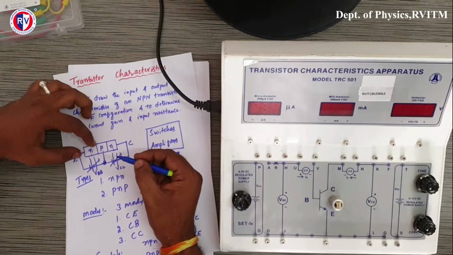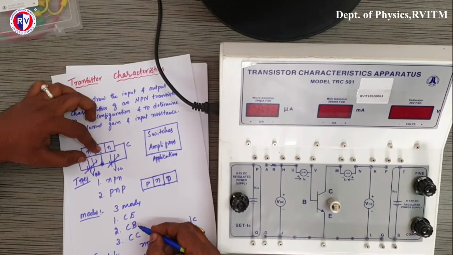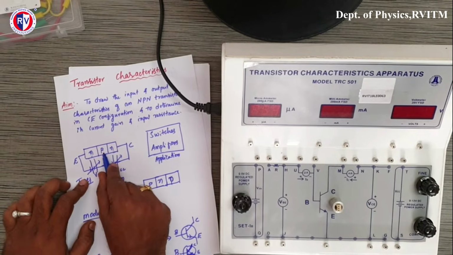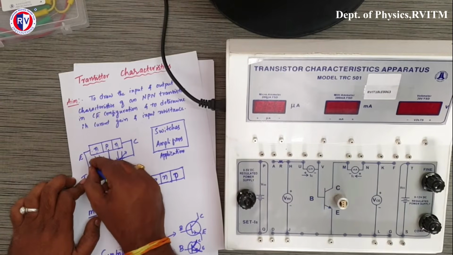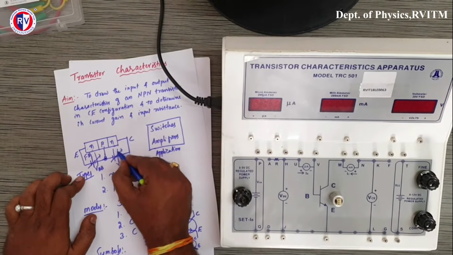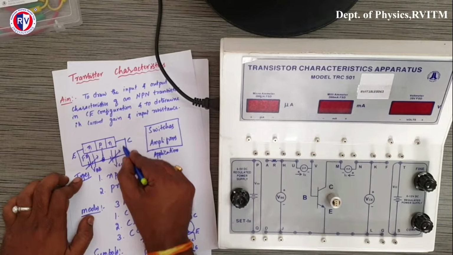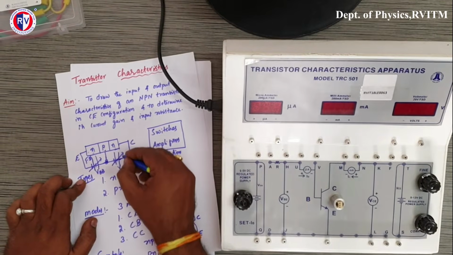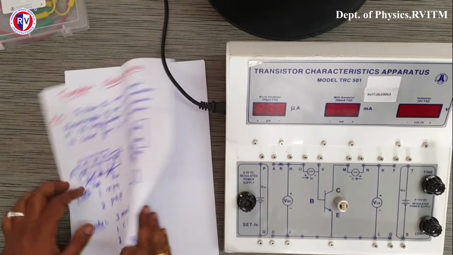This emitter base region we call the input circuit, where the positive of the battery is connected to the p type and the negative to the n type. Therefore this is forward bias. Similarly, this is the output. In the output, the n end is connected to the positive of the battery and the p end is connected to the negative. Therefore this is called reverse bias.